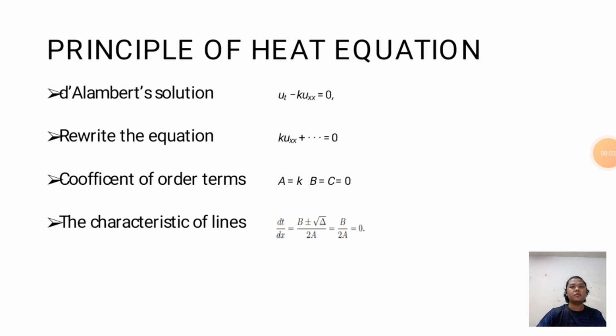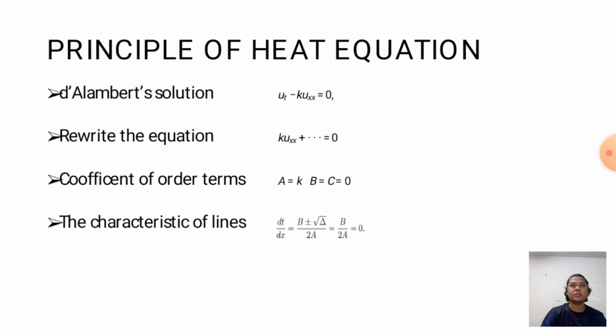Okay, now I will present to you the principle of the heat equation for team assignment 2. Firstly, we would like to solve the heat equation, which you can see in the first formula on the right, u_t minus k u_xx equals 0. This principle of the heat equation can be solved using the D'Alembert solution.